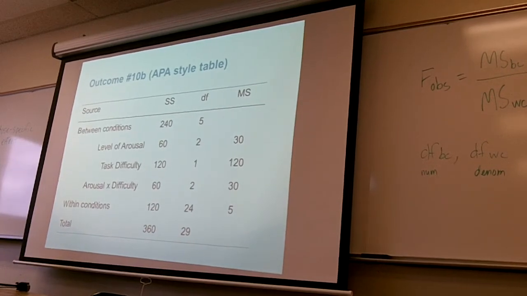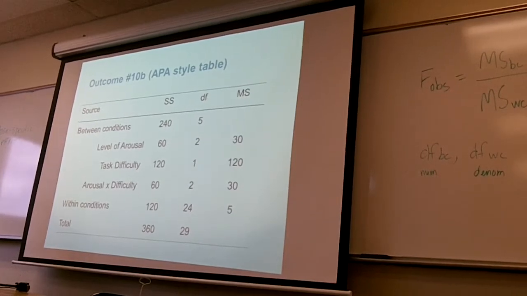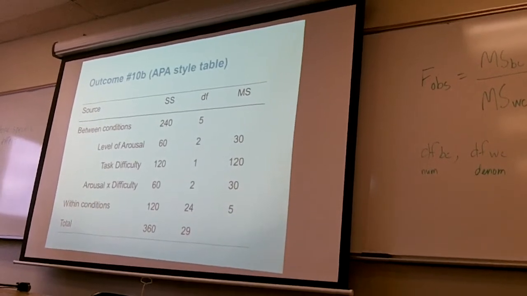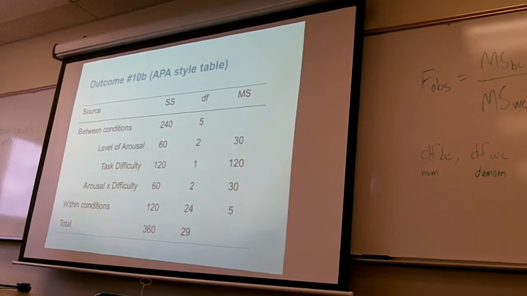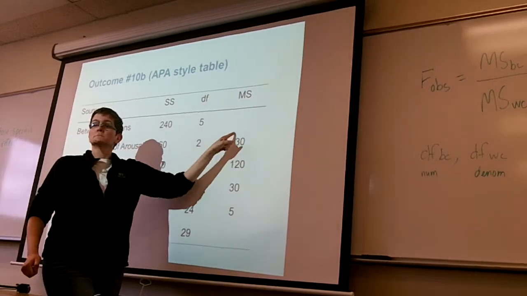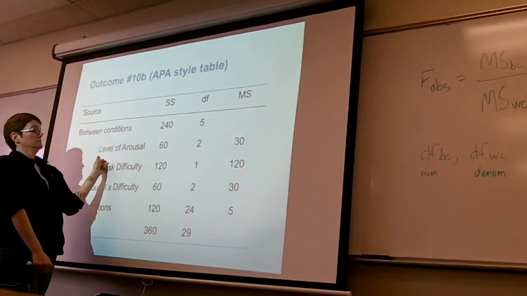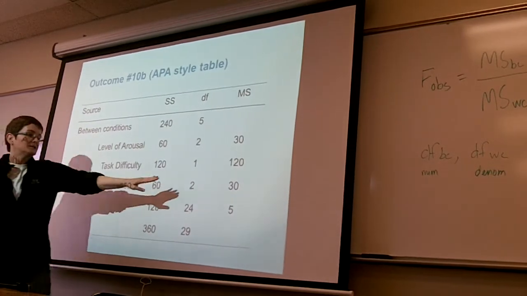If I was going to do the main effect for level of arousal, what would I do? Brandon? You would do degrees of freedom of... I'm calculating observed, so no degrees of freedom. Oh, you do mean square of arousal... So this one. No. That's the mean square of arousal. Arousal times the interaction. Okay, that's the interaction down here, okay?